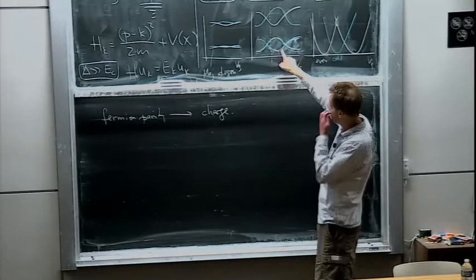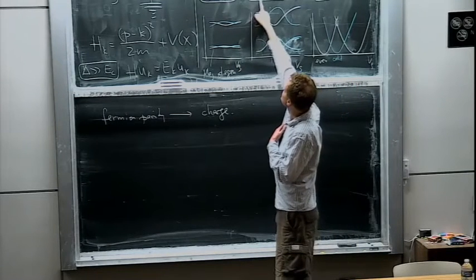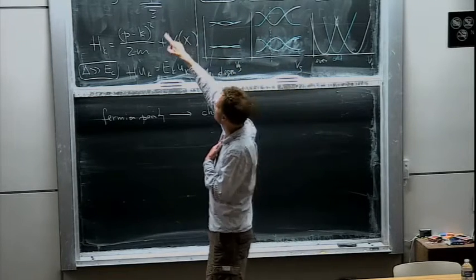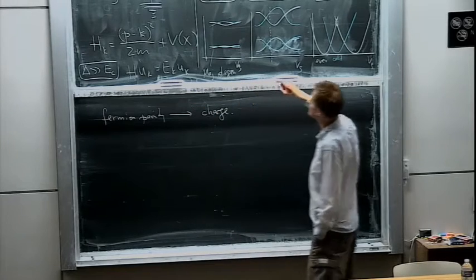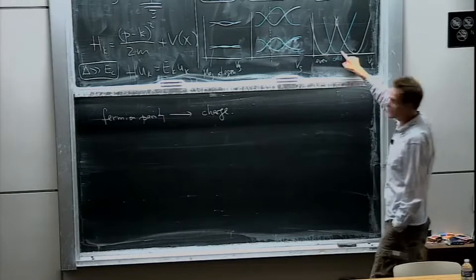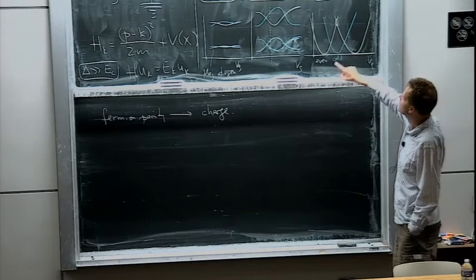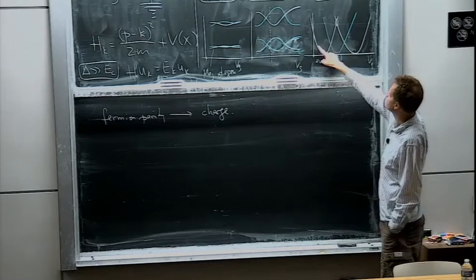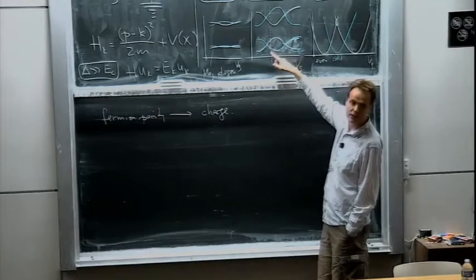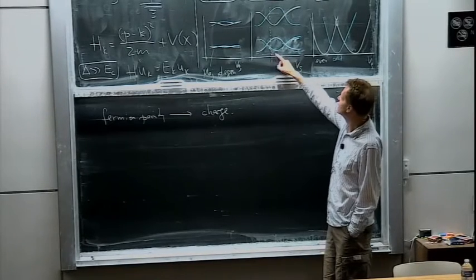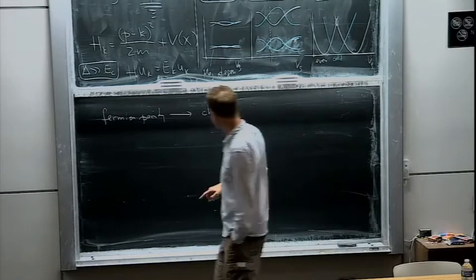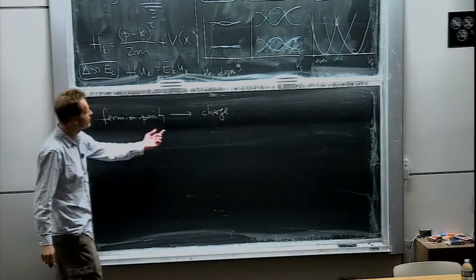Then the blue one, so you increase the charging energy, or you decrease the Josephson energy from here to here, just by playing with this tunnel barrier between the bulk superconductor and the topological superconductor. And then this blue state corresponds very clearly to a particular odd number of electrons. And the white one is almost on the neighboring even state. So the two of them differ now by charge. And you can just measure this charge in the vicinity. And in this way, you can tell whether you were initially in the blue state or in the white state. Right? So you can convert the fermion parity to charge.